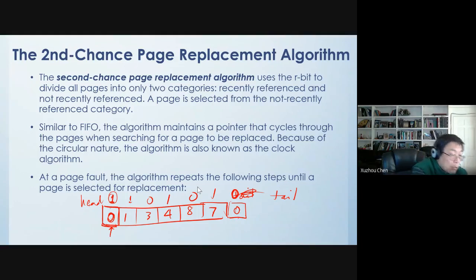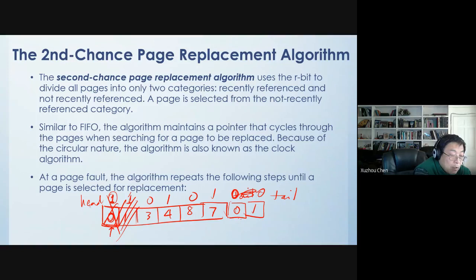In this case, if a page fault happens, I'm not going to replace page 0, so page 0 will be put on the back. And I'm not going to replace page 1, right? Because page 1 has reference bit 1, so I put page 1 on the back and reset it to 0.